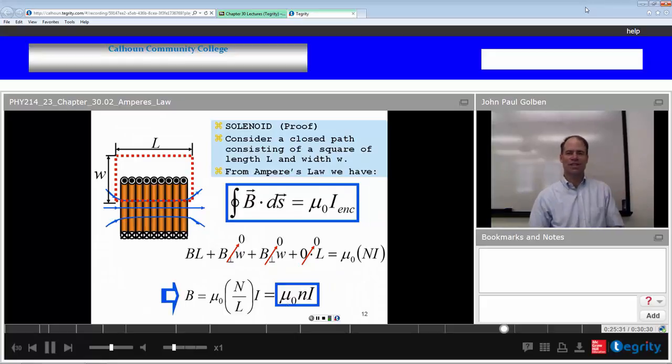So that's why if you took a nail and wrapped a wire around it, you would make a very good electromagnet, because the magnetic field would be mu little n I, depending on the number of turns and the current you run, and the mu would be from the steel of the nail that you put in as your core, and that would greatly increase the magnetic field through the center of that solenoid device.